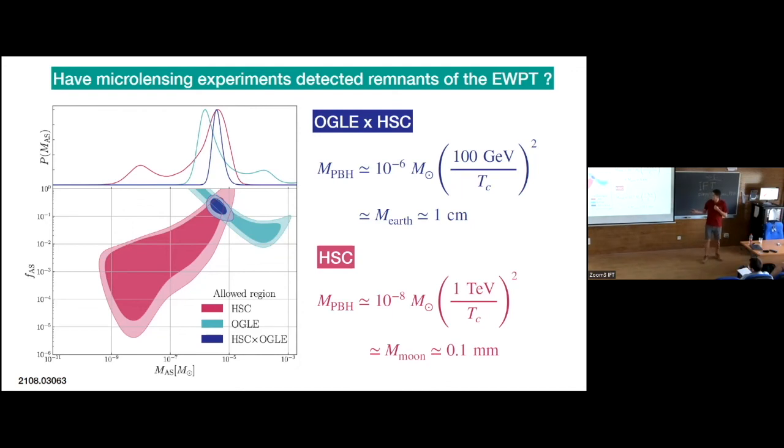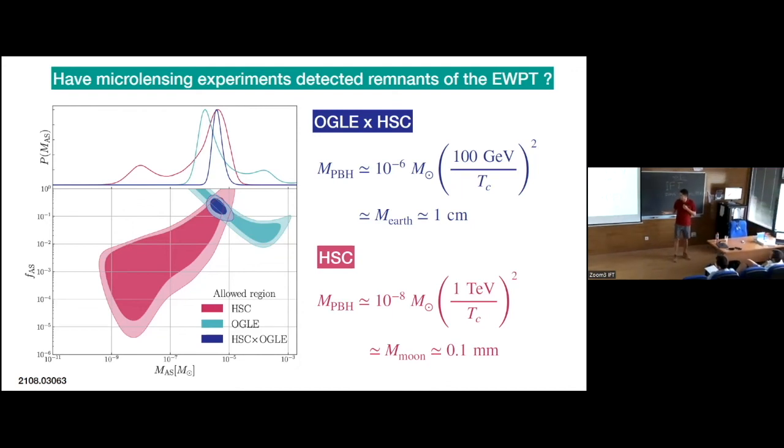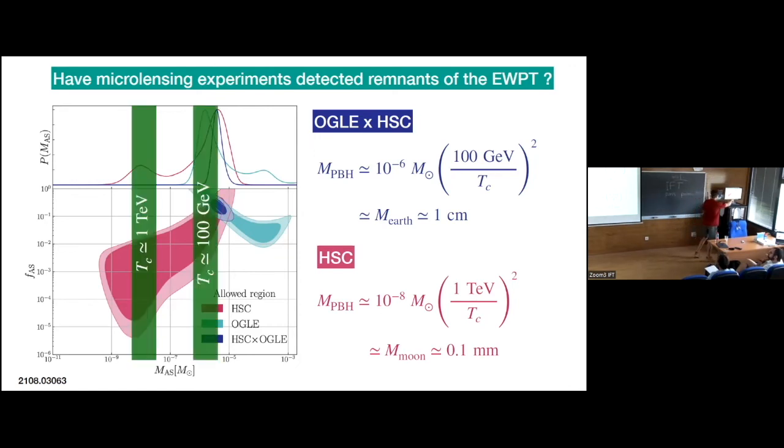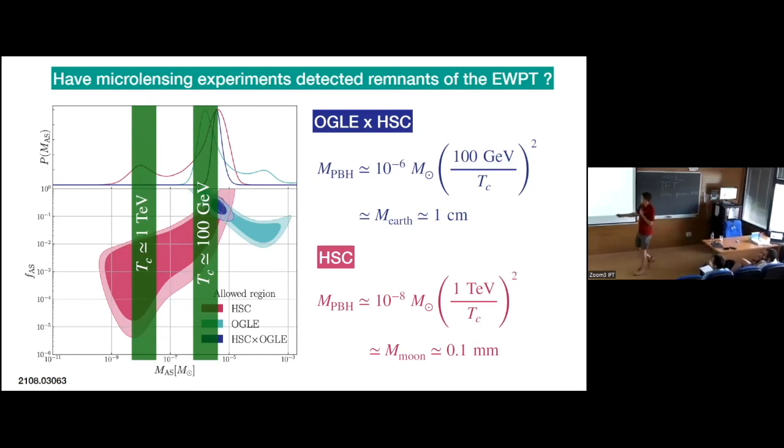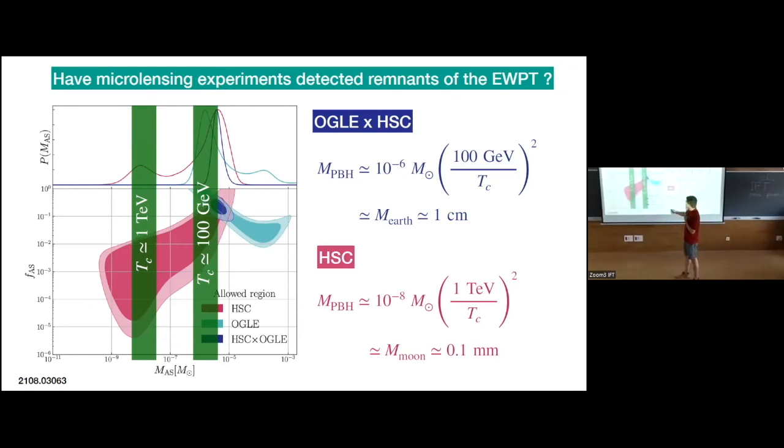But you see that if you want to explain those events with early universe physics, you need something to take place at the TeV scale, between 100 GeV and TeV. This corresponds to the mass inside the horizon at 100 GeV, and this is the mass inside the horizon at TeV.